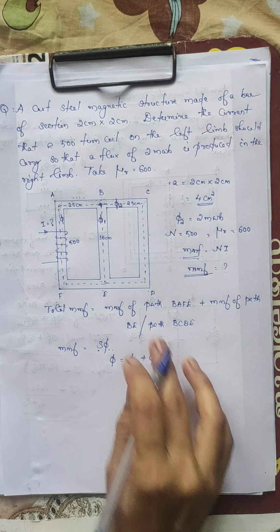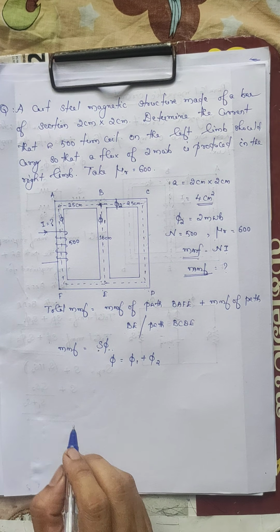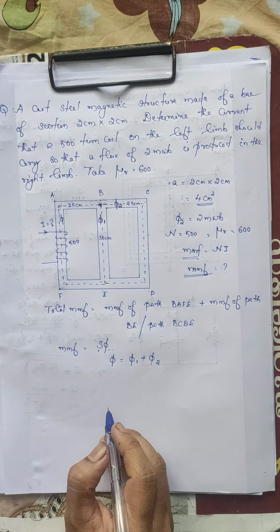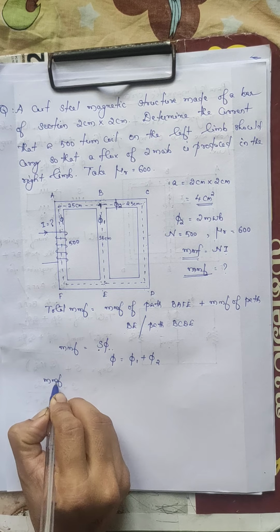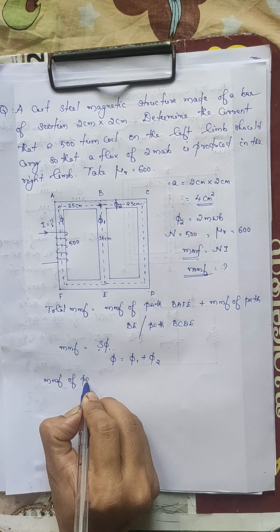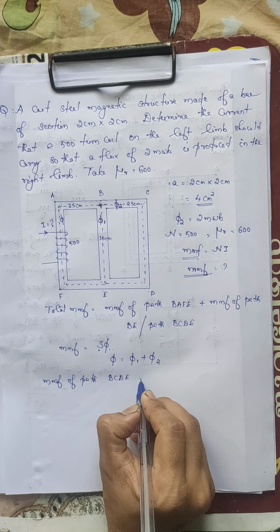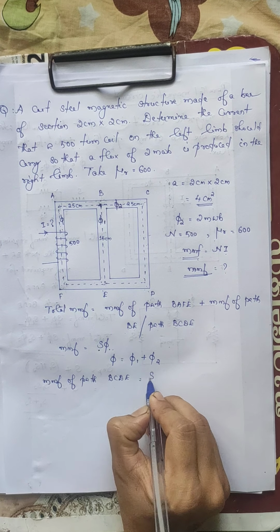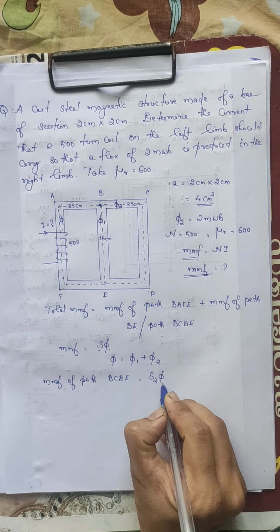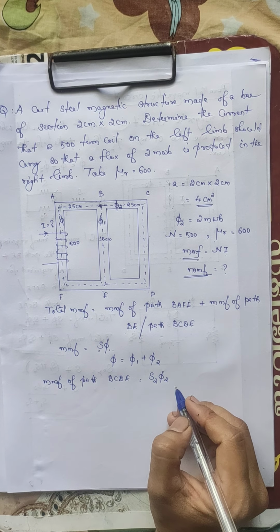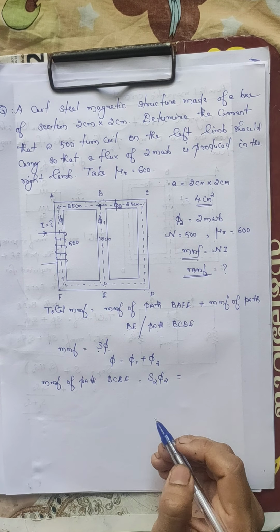As phi 2 is known, we can calculate S2 into phi 2, that is the MMF of path BCDE. Let S2 be the reluctance of path BCDE. So the MMF is equal to S2 into phi 2.